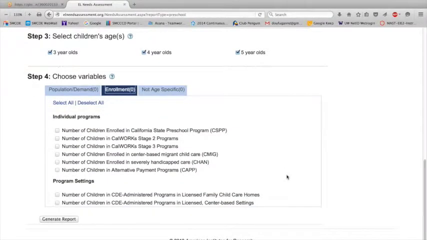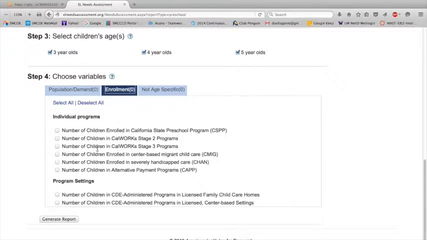You're always going to select from here the individual programs. You're not really going to get into the program settings because that's wrapping all kinds of different settings in one, and it's not really helpful for the purposes of this.